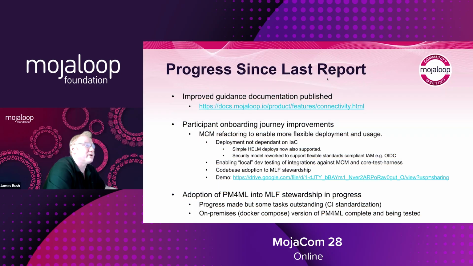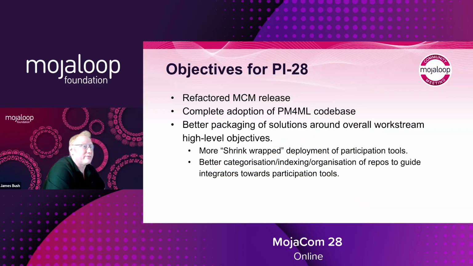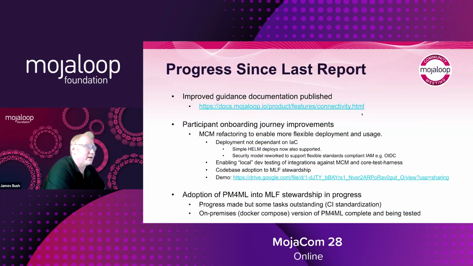I do have a video from Yev talking through some of the feature improvements that have been made in MCM, particularly around the security of the onboarding journey. Part of the coupling between MCM and IAC was to do with the way secrets are shared between participant and the hub operator.